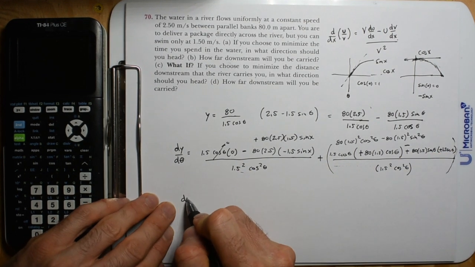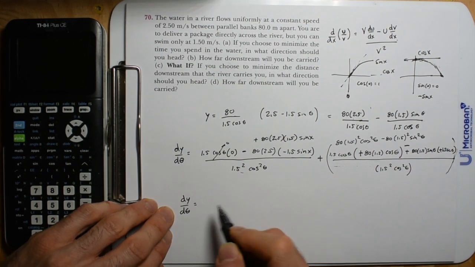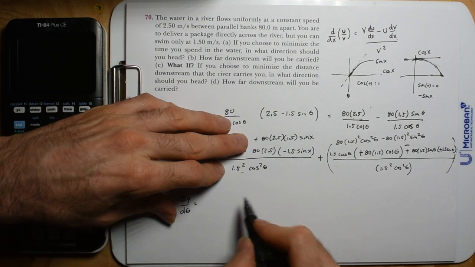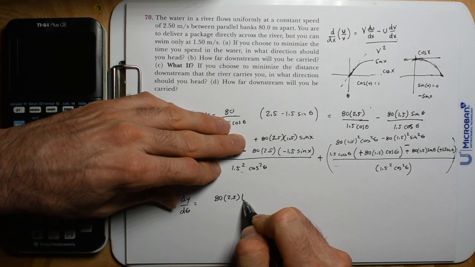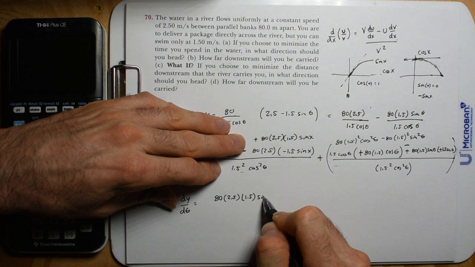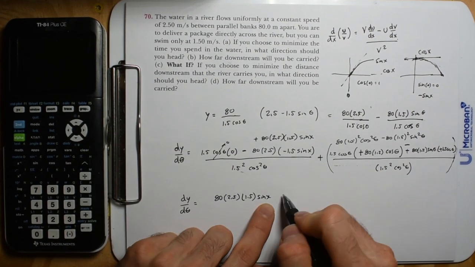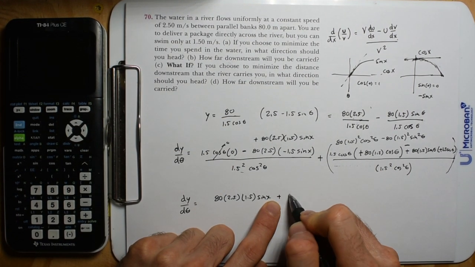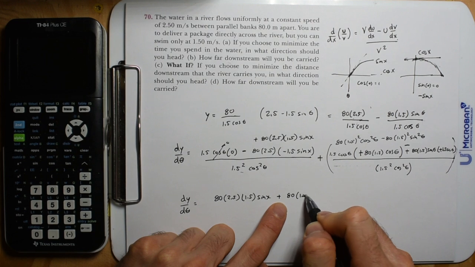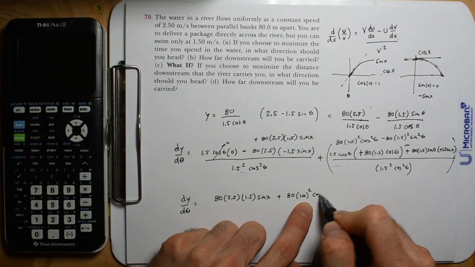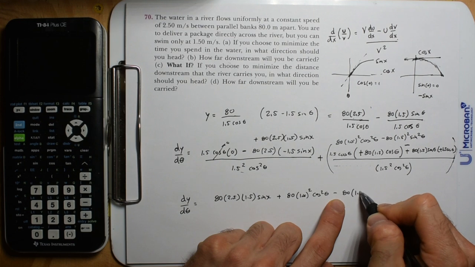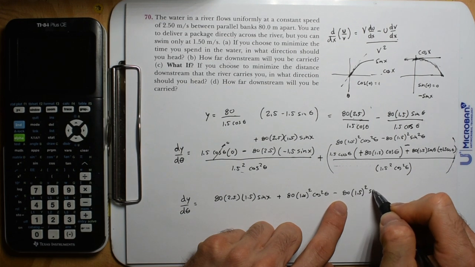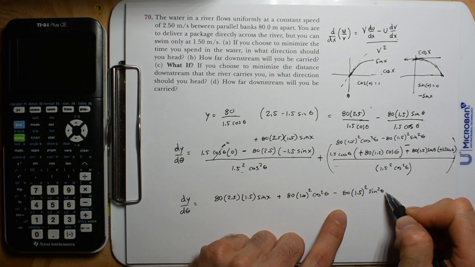So now let's write it. dy d theta. I'm sure there are probably lots of errors, but let's write it one more time. So now we can put this stuff also on top. So we're going to add 2 times 80 times 1.5 squared cosine squared theta minus 80 times 1.5 squared sine squared theta.